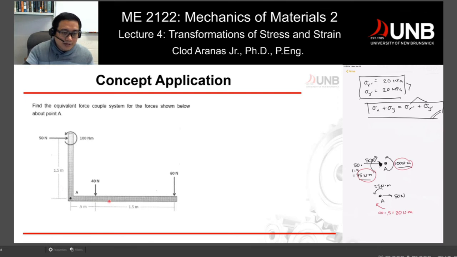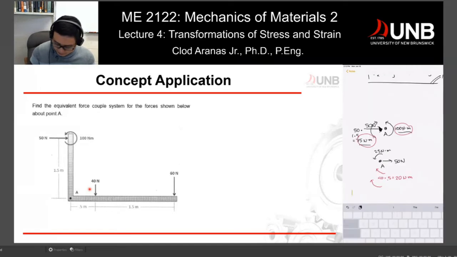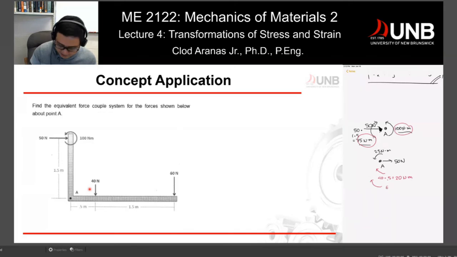Now, if I'm going to get, again, my 60 newtons, that's 2 times 60, so that's also clockwise. So that would give me another clockwise rotation, which is 60 times 2. That gives me 120 newton-meters. Now I can add these two because they are in the same direction.